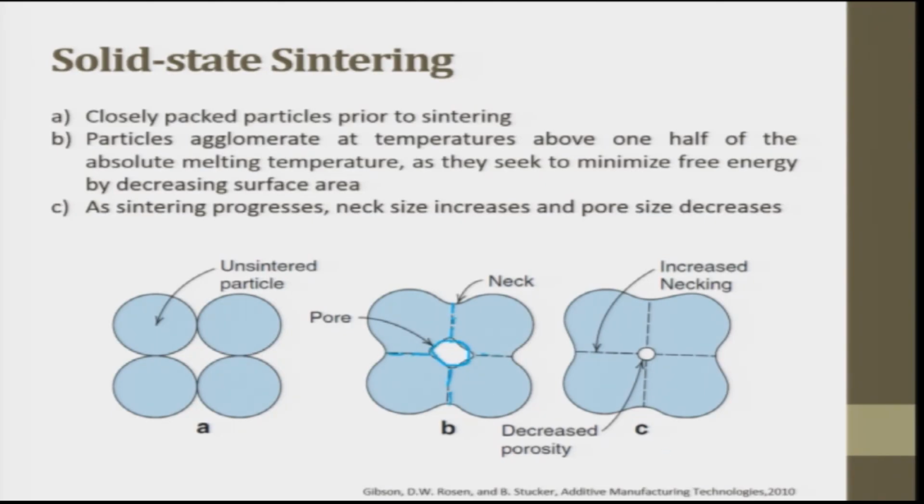If you want to decrease the pore, we take it to a much higher temperature. You see the pore size has reduced. As the sintering process progresses, the necking size increases and the pore size decreases. So, it is very clear how sintering progresses. What is sintering? It is temperature and time, a combination of these. So, you can reduce the pore size and increase the necking area.